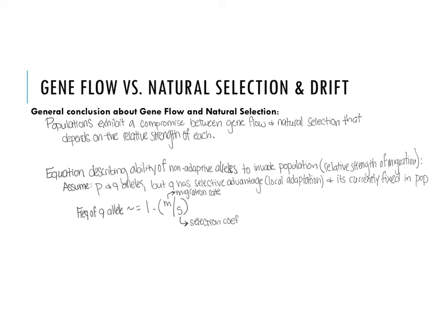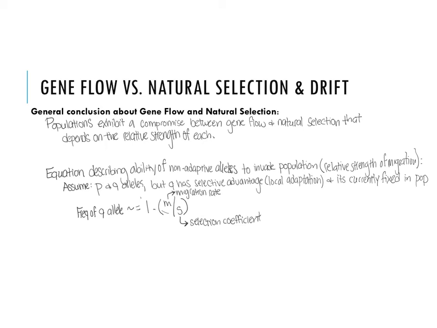So when the selection coefficient is really large, because it's the denominator, it's going to drive this number low. And so Q is going to stay close to fixed. When the migration rate is high and the selection coefficient is small, then that's going to drive Q down, because the denominator is small and the numerator is large.